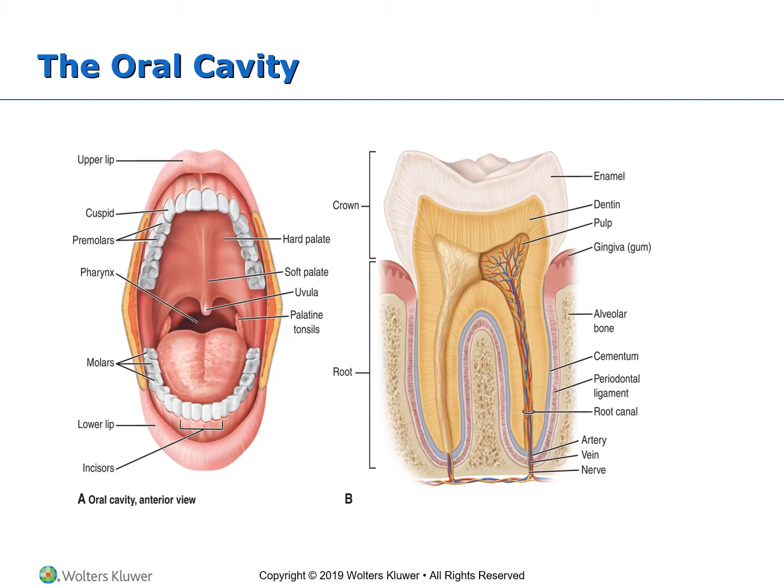We have the cuspids or the canines or the eye teeth. Those are next to the lateral incisors, and they are a little bit more pointy. Those are in the movies. Those will be the vampire teeth, and they are used for gripping and tearing the food. They are very well developed in all the carnivore animals, not that much in humans.